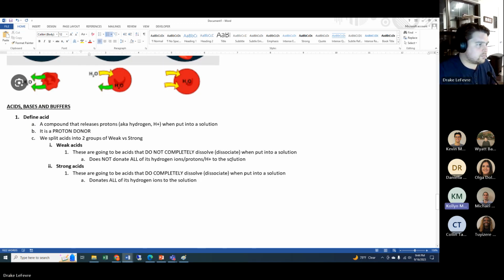Do we need to know the weak acids and the strong acids, like a list of them? I think he gives a couple of examples in the book. If he gives a couple of examples, he might ask a question on those. I know the most common strong acids are hydrochloric acid and sulfuric acid. I think those are the only two that he lists in the book.